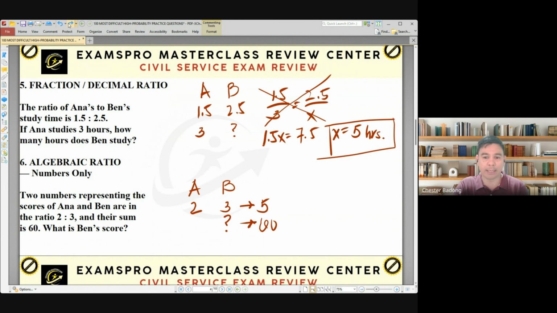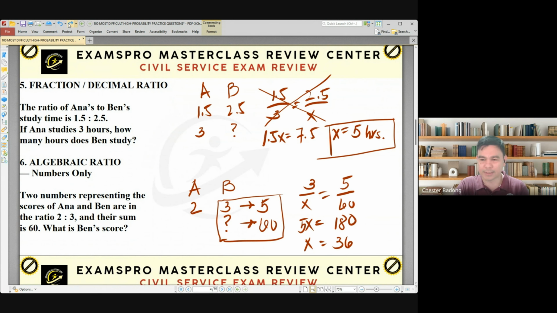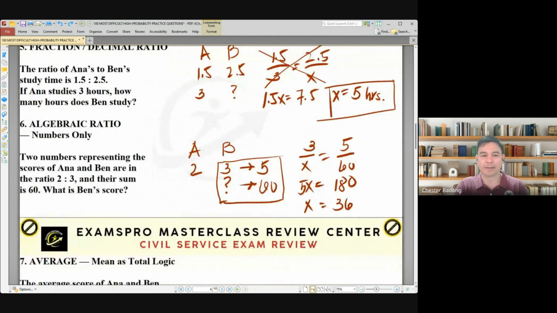Ngayon ang tanong, ilang kay Ben? Yung score ni Ben. Kaya hindi tayo interested sa kay Anna. Pwede na po tayong gumawa ng equation. 3 over x is equals to 5 over 60. Cross multiply, 5x is equals to 180. Then the score of Ben is 36. Next.